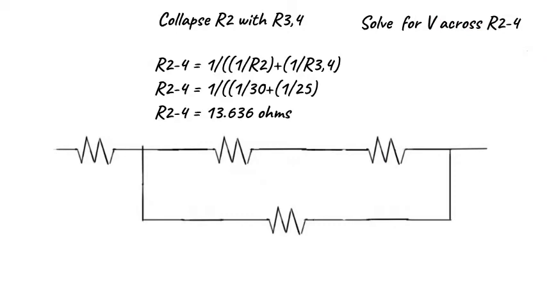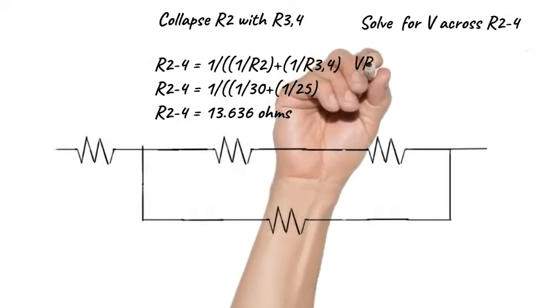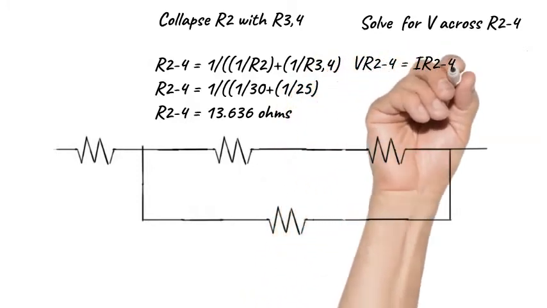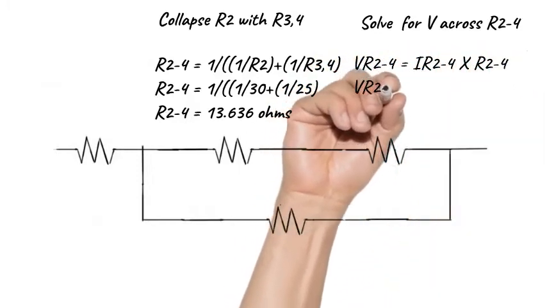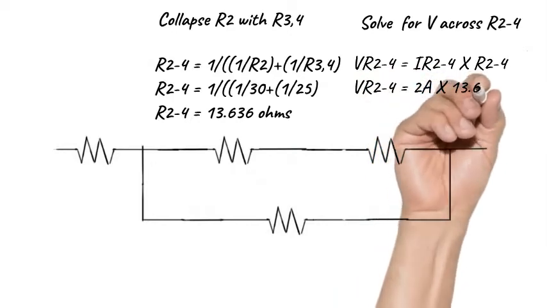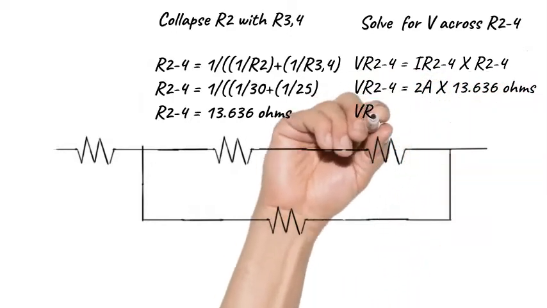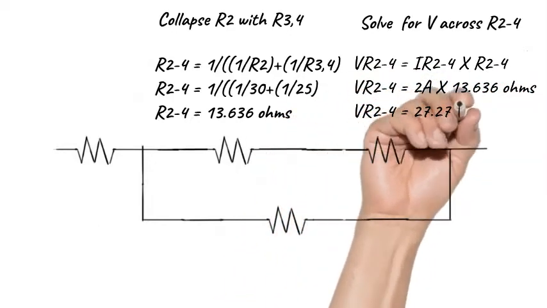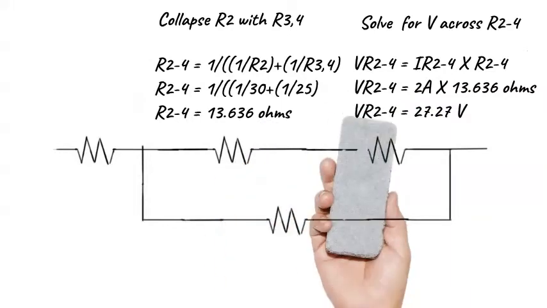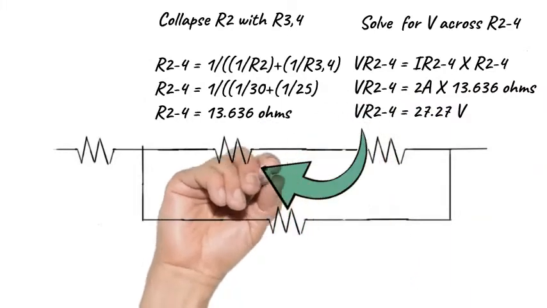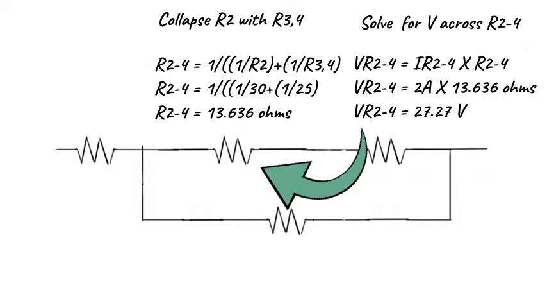Knowing this, we can then solve for the voltage across this resistor or collection of resistors, because we know that the 2 amps that flows through R6 is going to flow through this group of resistors. And this gives us a voltage of 27.27 volts.